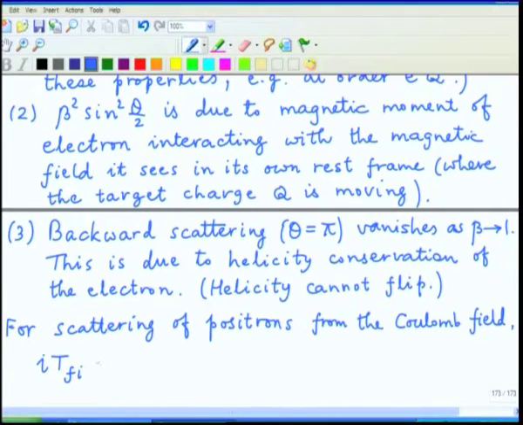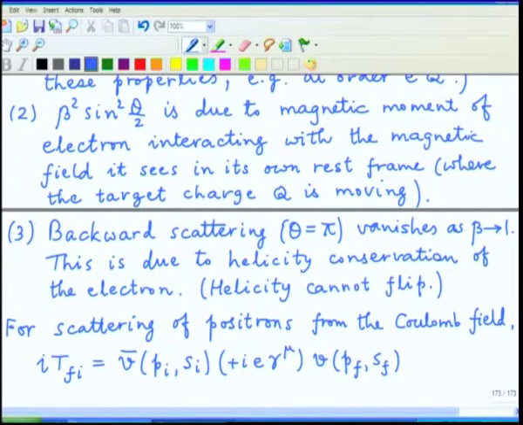So, I will write down only that particular part, where now we have v bar and v appearing instead of u bar and u, and instead of minus i e gamma mu we have plus i e gamma mu for the flip of the charge, and then it is v p f s f combined with gamma mu with whatever photon momentum we had.